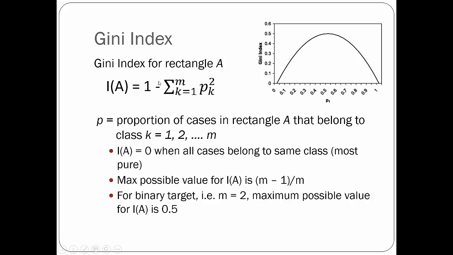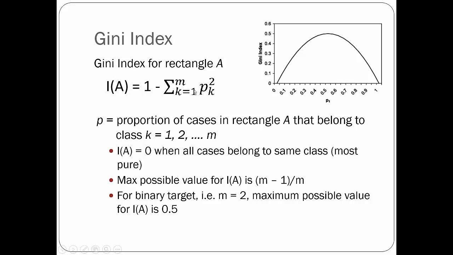Now for each of those I sub A's, if you have the pure case, like on one side all of them are zeros, which means the proportion of cases that belong to class k is 0, because nothing is class equal to 1, you'll have 0 here.